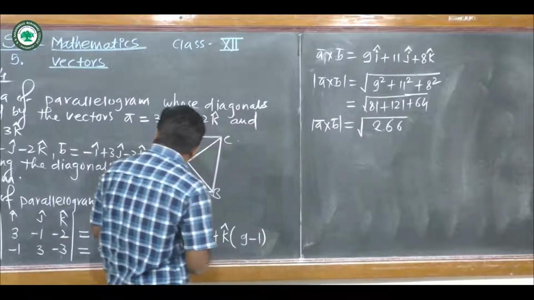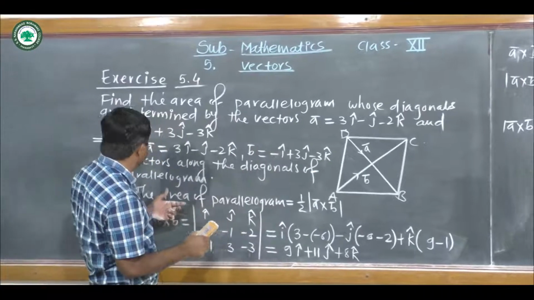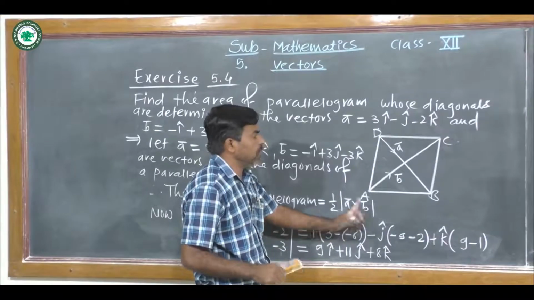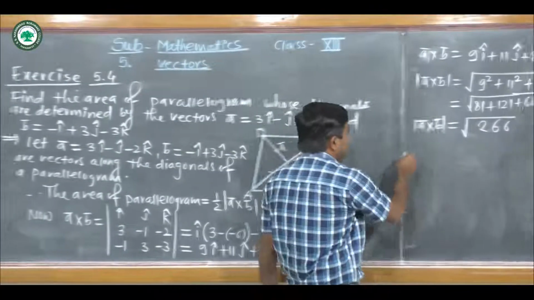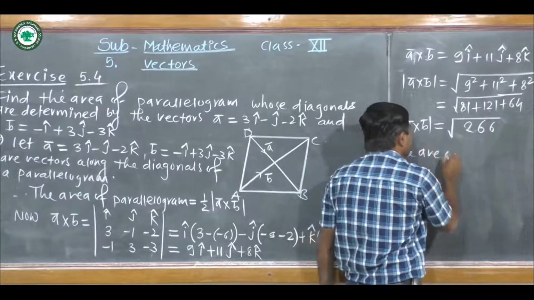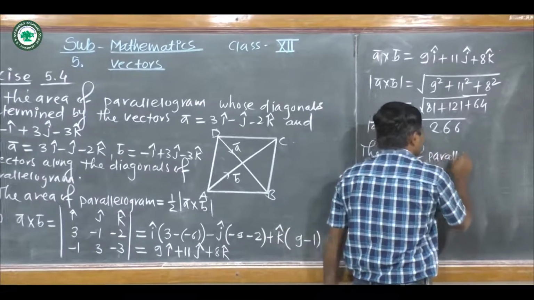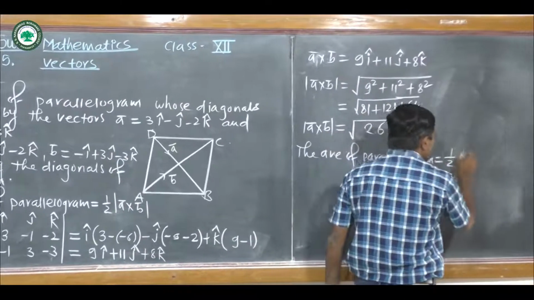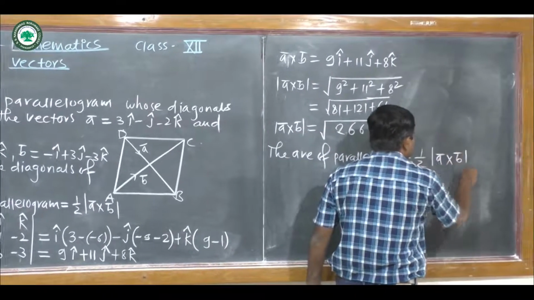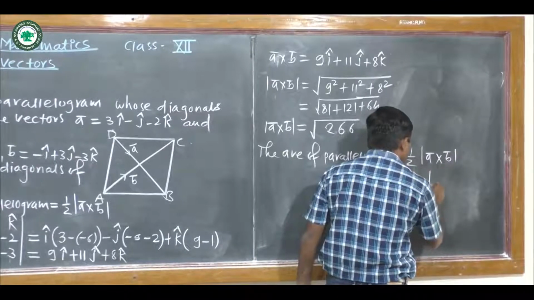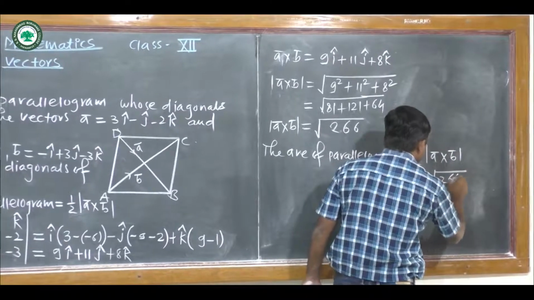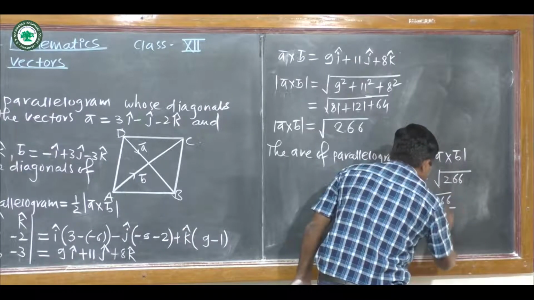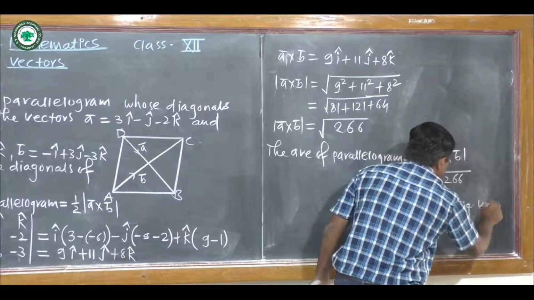We know that the area of a parallelogram is 1 by 2 into the magnitude of vector A bar cross B bar. So the area of the parallelogram is equal to 1 by 2 into the square root of 266, or that can be written as square root of 266 divided by 2 square units.